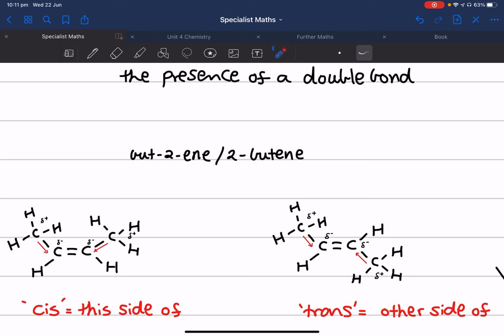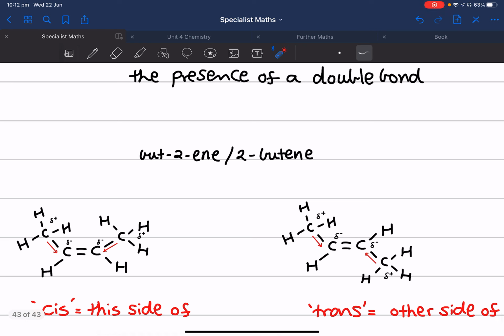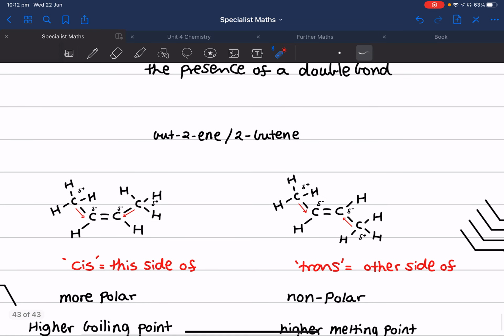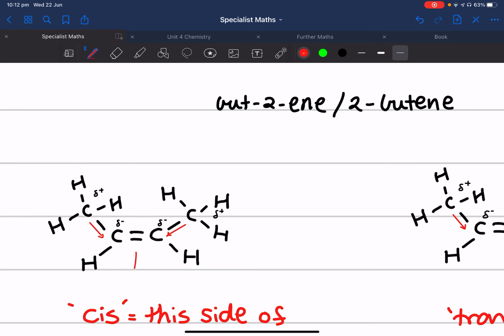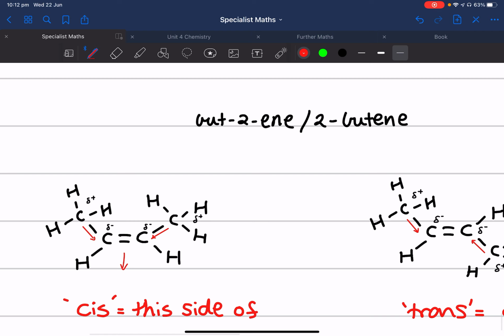In terms of the general questions they will ask you about these types of isomers, it will mainly be about a comparison between their chemical and physical properties. Mainly physical, as they tend to be pretty similar in their chemical properties, but they mainly differ in their physical properties. As an example, you can see through the dipole diagram that I've drawn here that there is a net dipole moment downwards in this case for cis isomers.